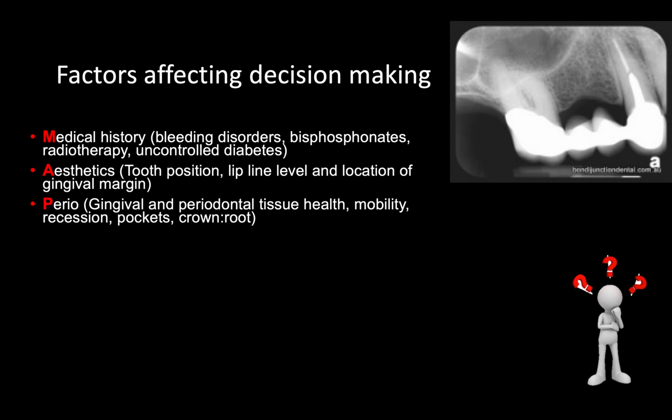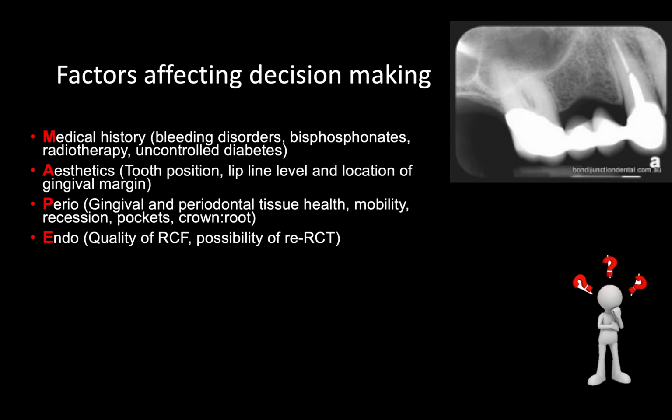We should look at the periodontal health of the patient. If there are any pockets associated with the tooth that we need to operate on, or if there's any mobility, we should look at the recession before the surgery. Of course, when doing a periradicular surgery, we need to cut part of the root, so we should keep in mind the crown-root ratio before doing the surgery.